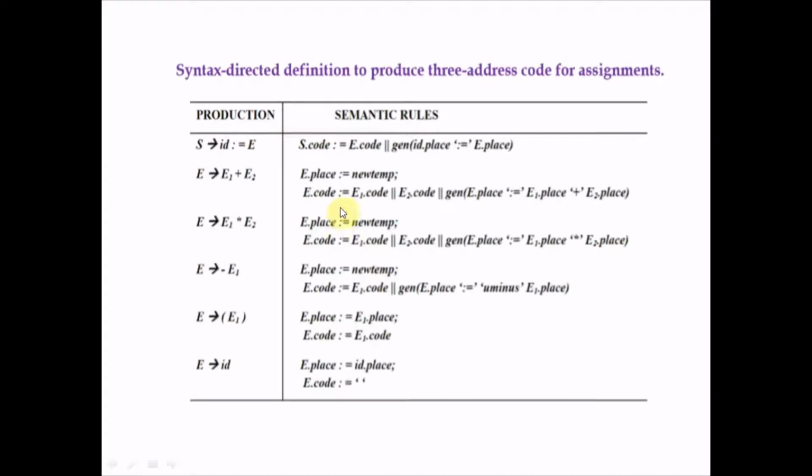So, E.code equal to E1.code, then E2.code, then generate of E.place, then E1.place plus E2.place. So, all these are combined together to produce E.code, that is value of E.